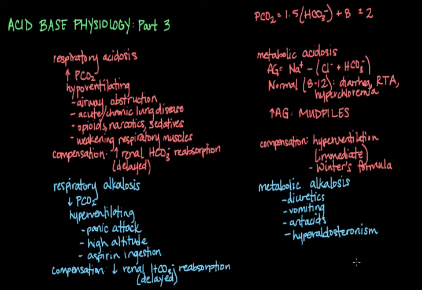And unlike in respiratory alkalosis, where the compensation is delayed, here the lungs are able to immediately compensate by hypoventilating in order to try to balance out the body's pH. So the compensation mechanism would be hypoventilation, and this is immediate.